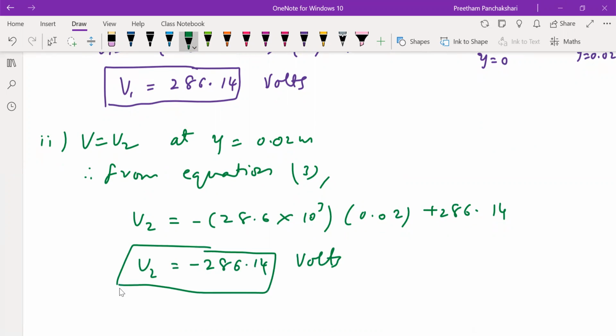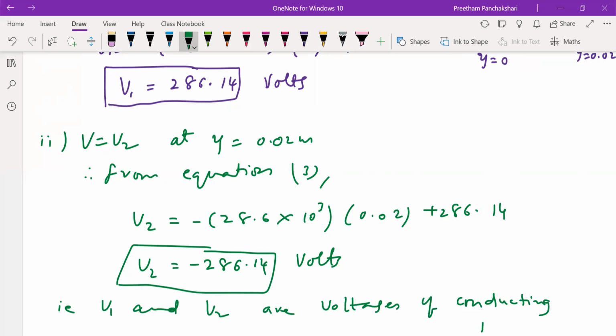So these voltages, V1 and V2, are the voltages of conducting planes. This makes the solution of this problem. Thank you.